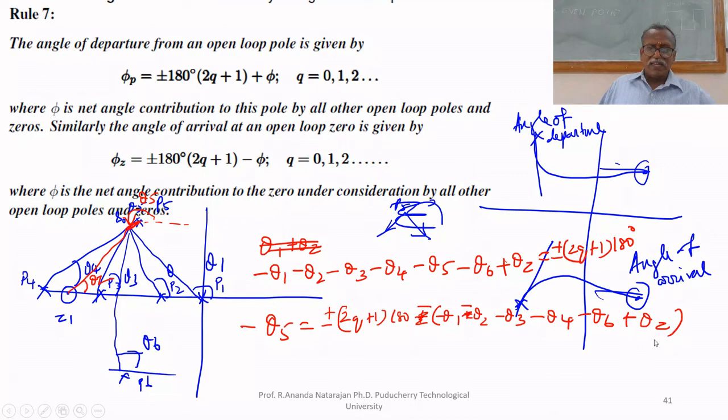So if I know theta 1, theta 2, theta 3, theta 4, theta 6 and theta Z, then I can find theta 5.